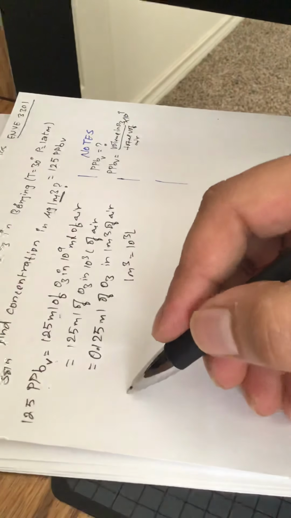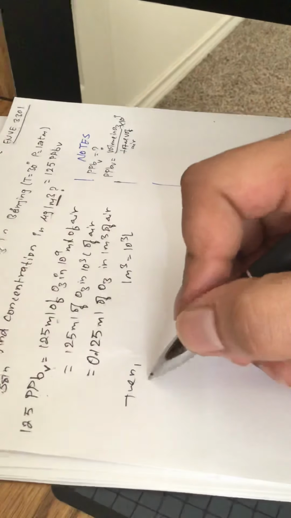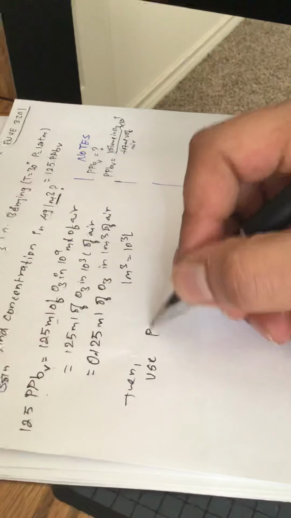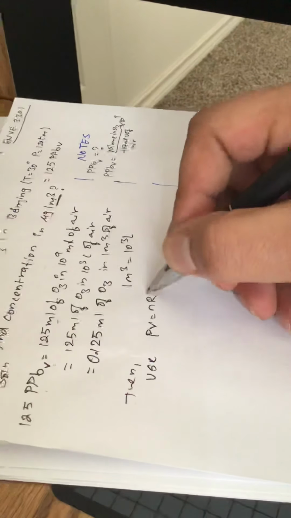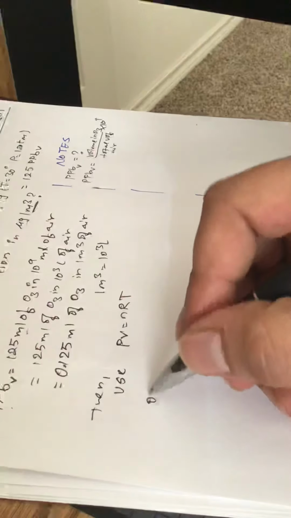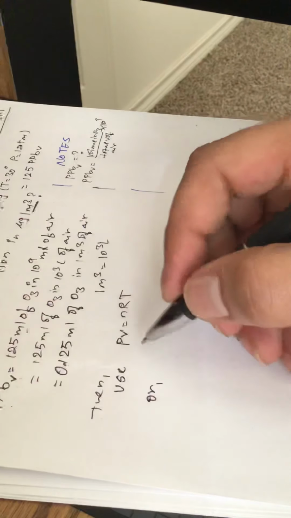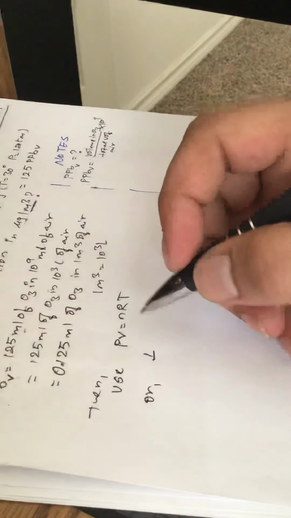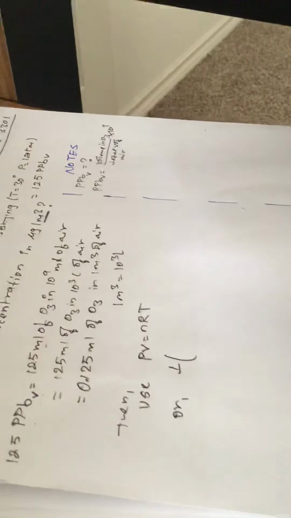Okay, then what we have to do is now use PV equals nRT. How much is the pressure? 1 atm, that is given in the question.